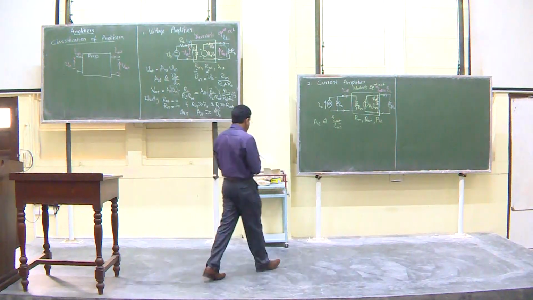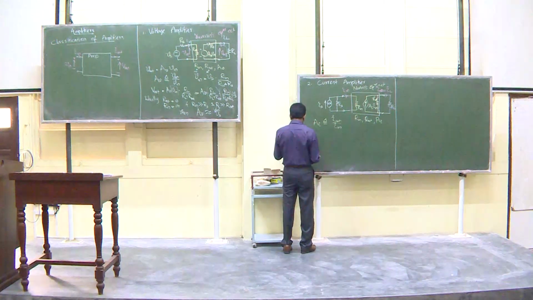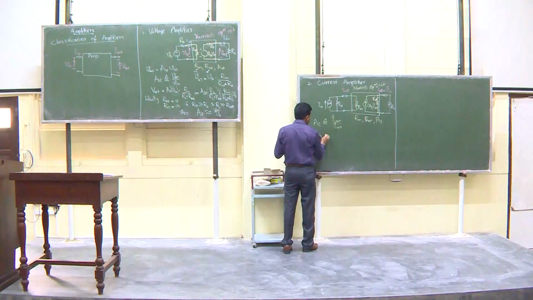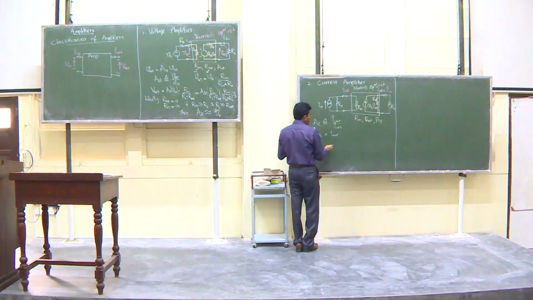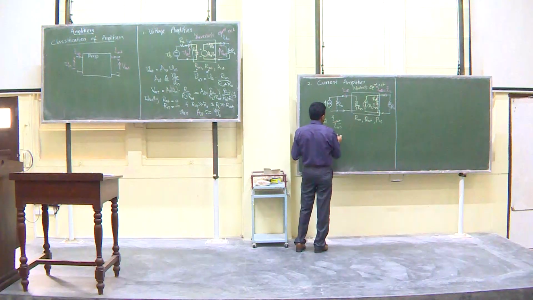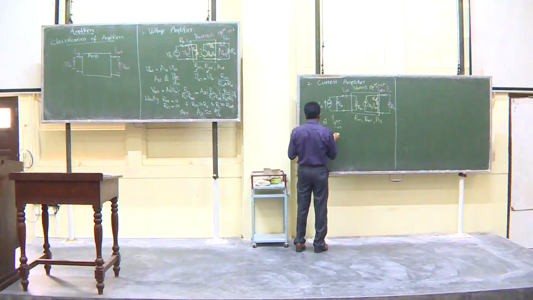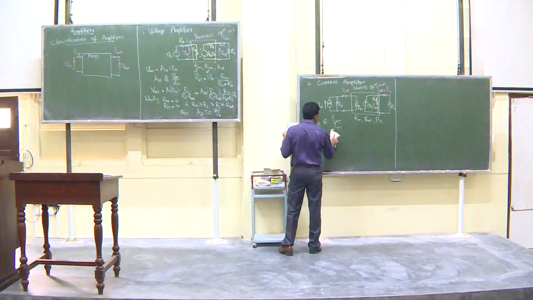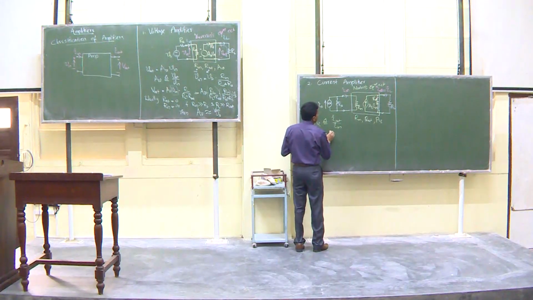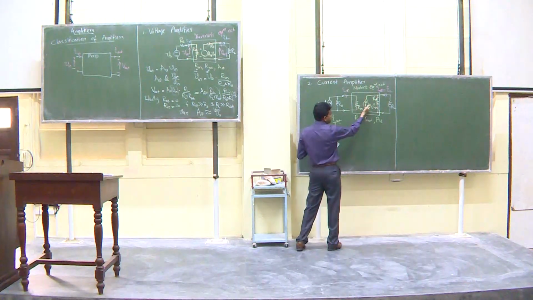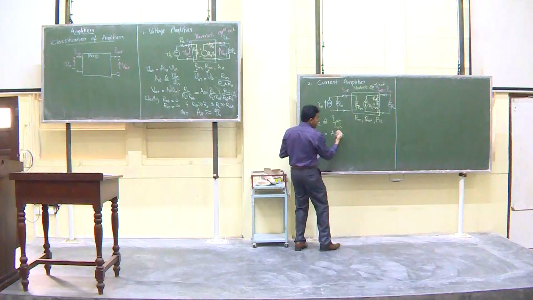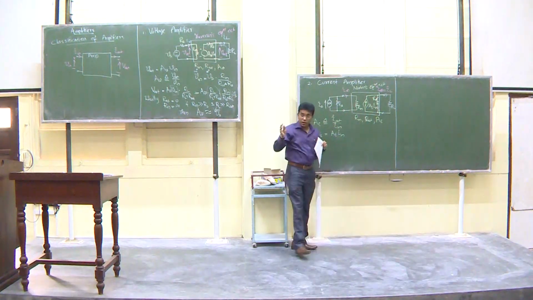So, therefore, I can write AI as first I out is equal to AI times I in, that is this current coming here, and they divide between these two just like the voltage ratio.